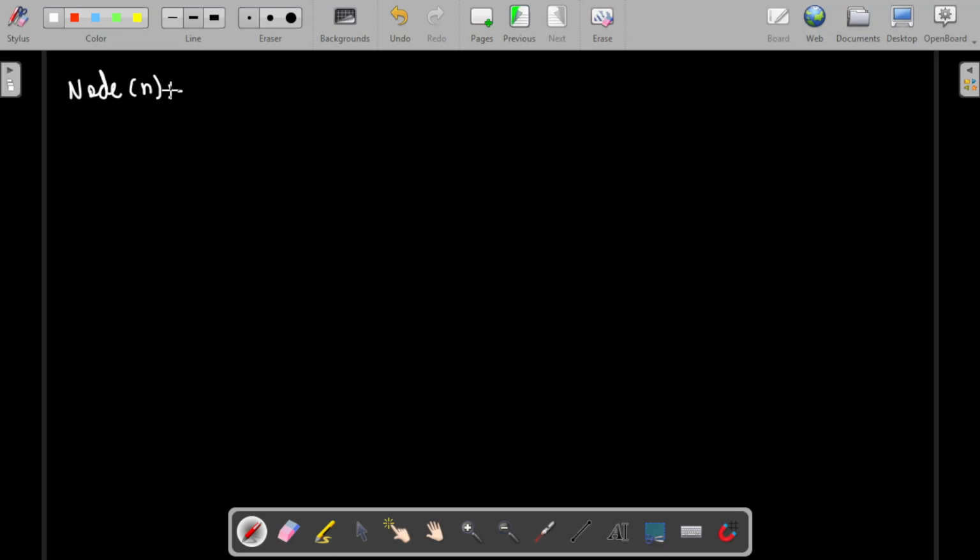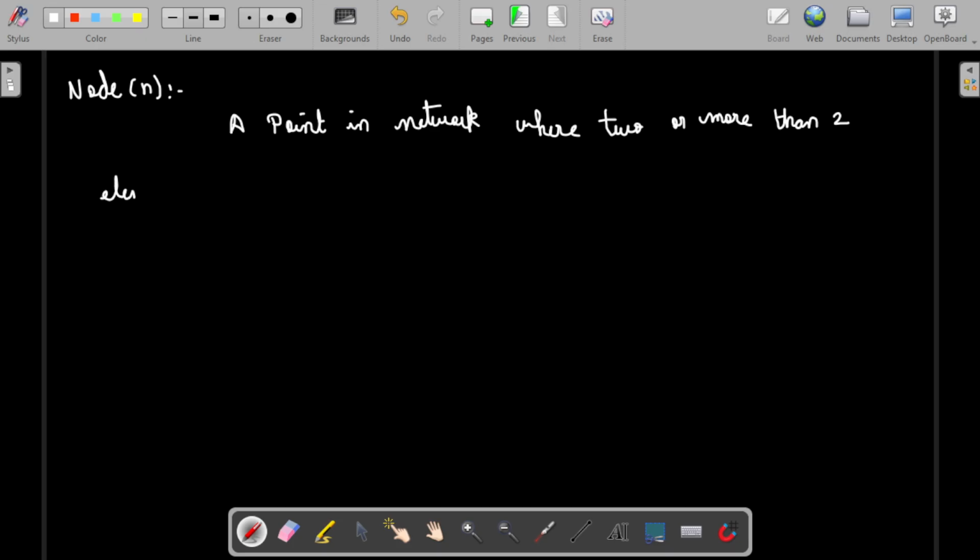A node is a point in a network where two or more elements are connected together. Please note it is only a point in the network. So relate all the terms that I am stressing: a point in a network where two or more than two elements are connected together.